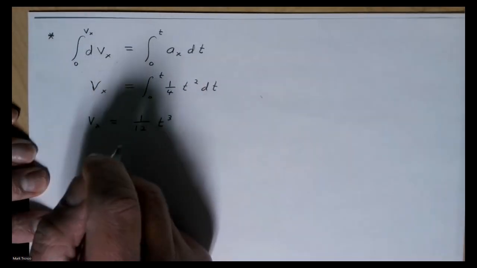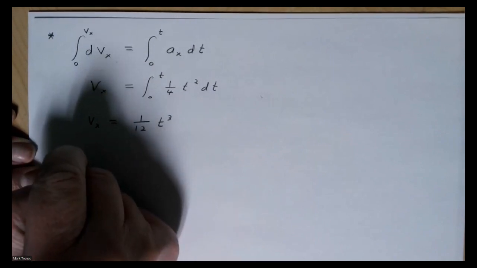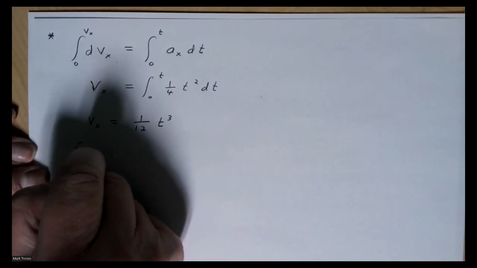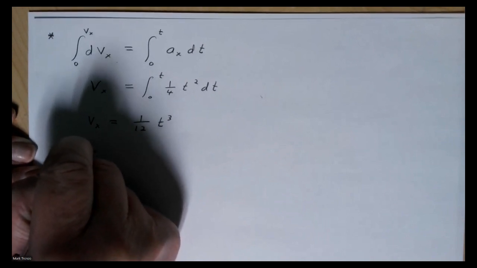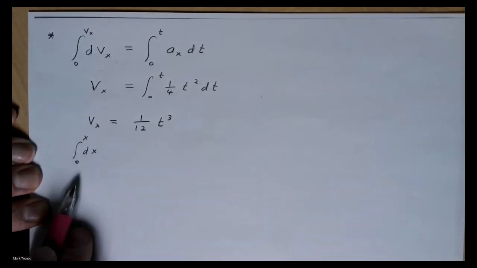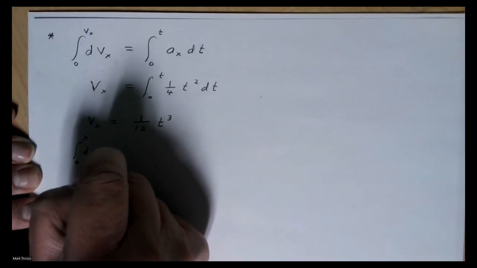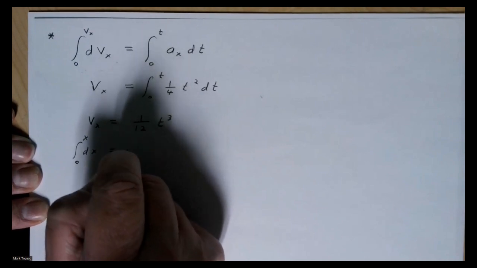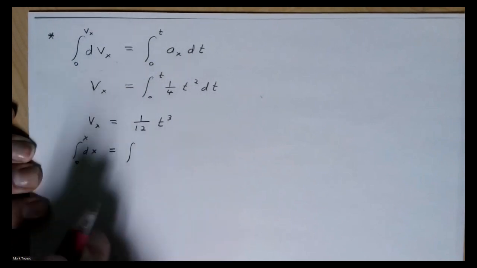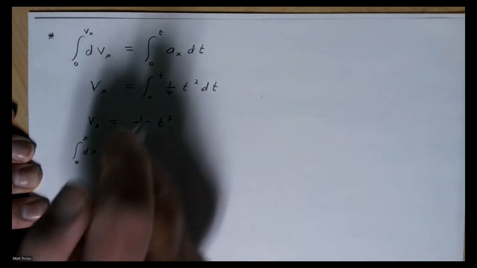And once again, if we want to find x, we're going to integrate. Again, since we're starting at x equals 0, once again, the bounds really aren't going to be relevant. And so we're going to integrate the velocity.